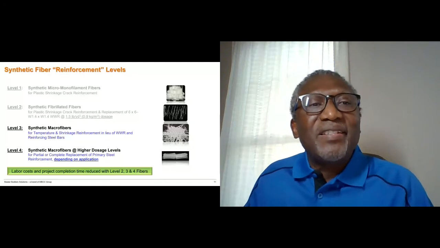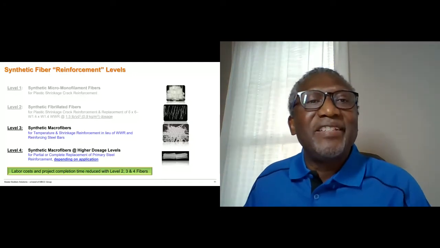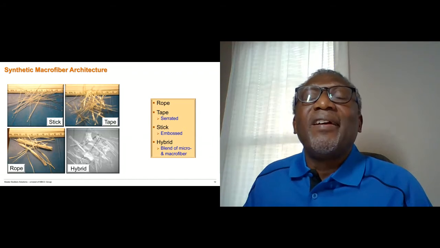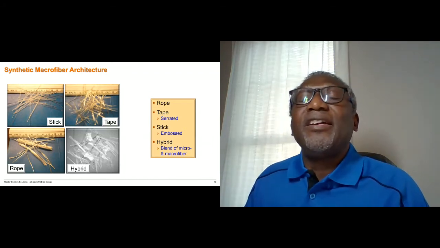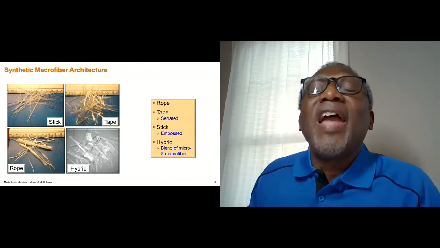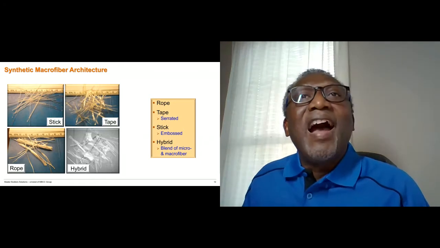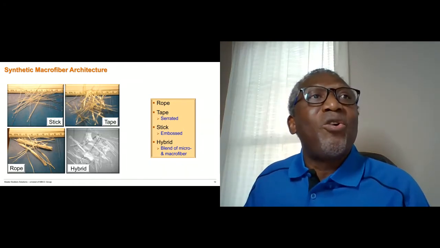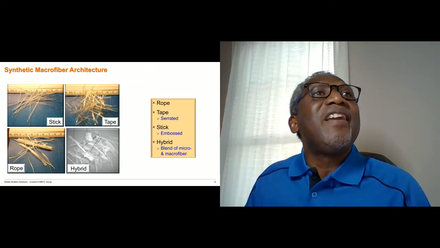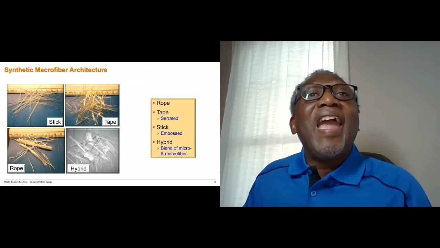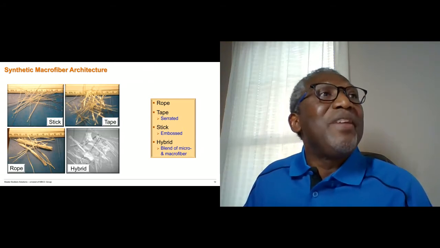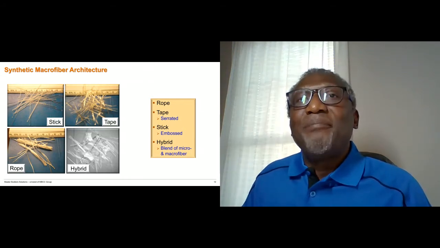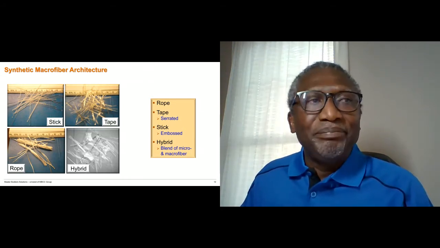Now, synthetic macrofibers come in different architectures. They can be rope, tape, stick, or they can be a blend, a hybrid, which would be a blend of a micro and a macrofiber. The tapes are typically serrated, which means that they're scored, as you can see in here. And the stick fibers will typically be embossed or crimped so that they provide a better bond within the concrete.